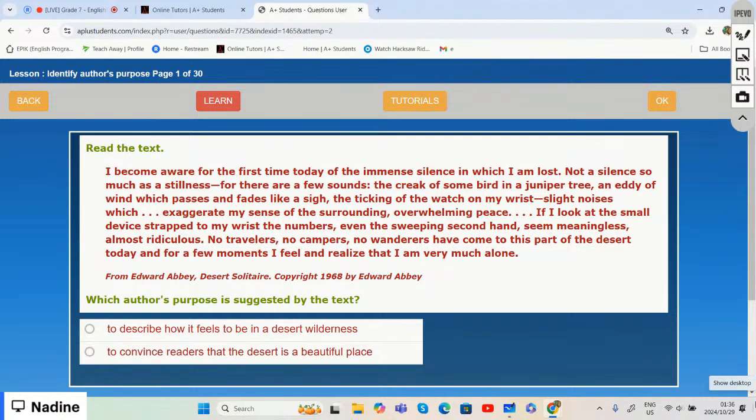All right. And if we were to choose our correct option, we will say that the author is trying to describe how it feels to be in the desert wilderness.